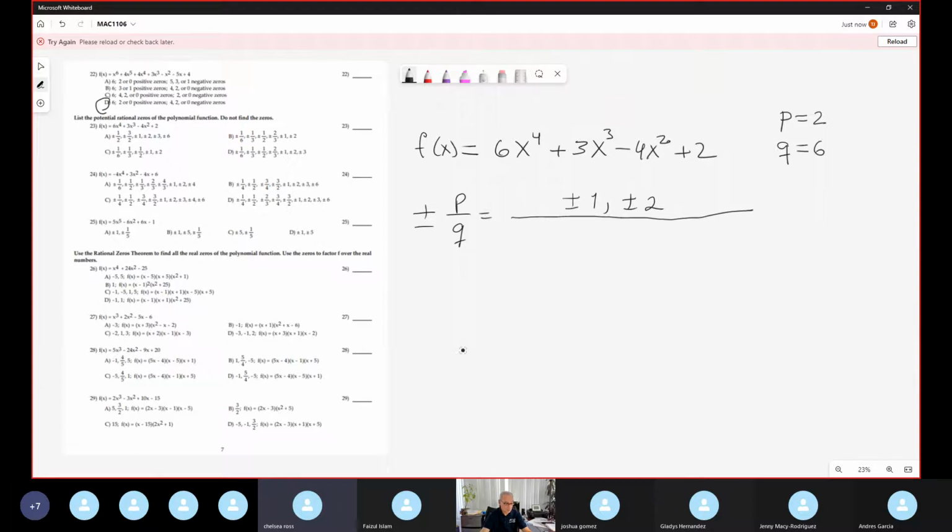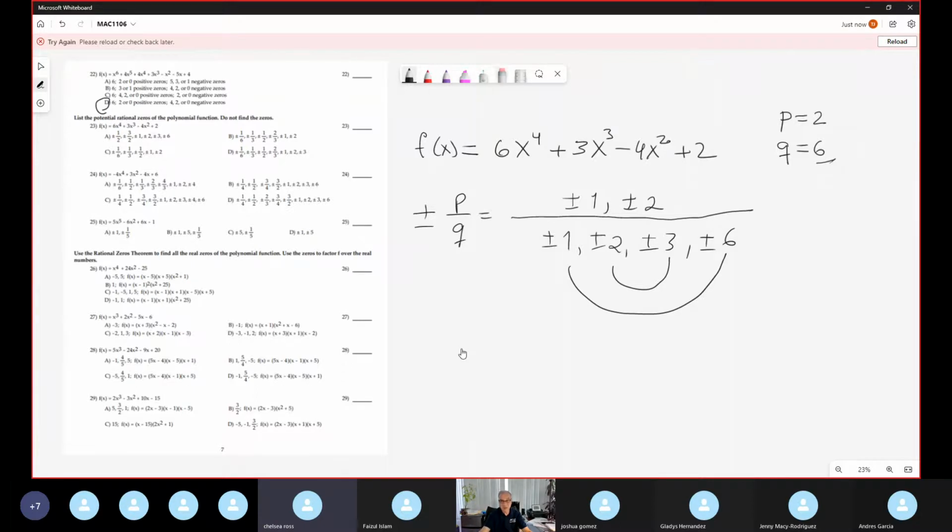The sign is not important. You predict both possibilities, plus or minus. And the factors of Q are plus or minus 1, plus or minus 2, plus or minus 3, and plus or minus 6. There are many ways to do this.